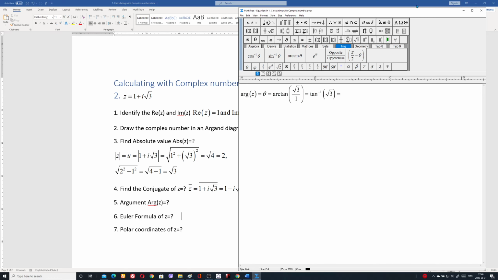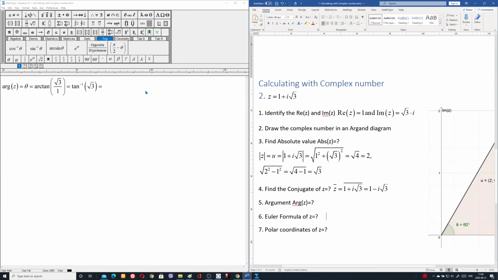You have that in your calculator. And this gives us, if you put in your calculator, 60 degrees.